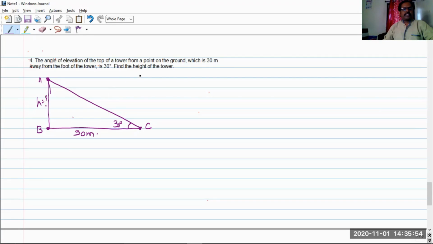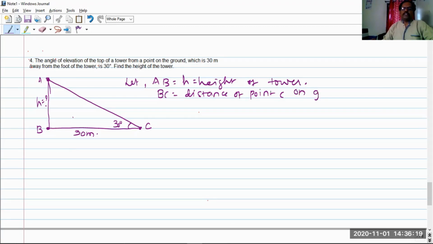Tan theta is opposite by adjacent side. So first we denote the terms we are using here. Let AB equal H, which is the height of the tower. Then BC is nothing but the distance of point C on the ground from the bottom of the tower.